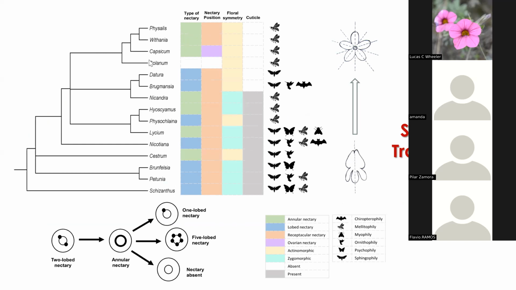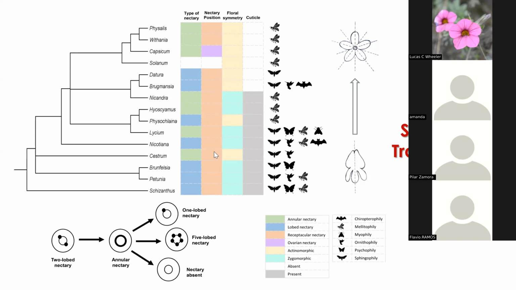If you see this, this is the phylogenetic tree showing the basal-most clades, and these are the advanced clades, or the late evolved clades. This represents the type of nectary. The blue one shows the lobed nectary, and this one shows the annular kind of nectary.